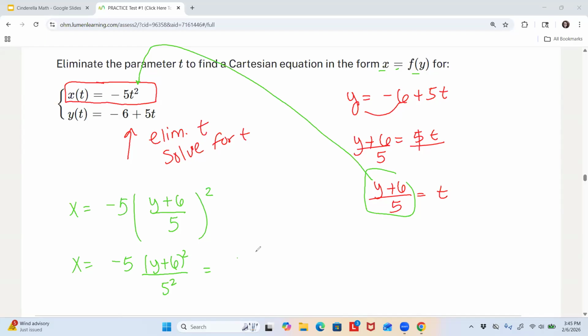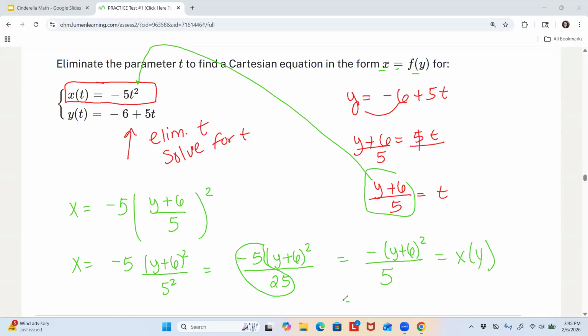Okay, so that's now negative 5 times (y plus 6) squared all over 25. But negative 5 over 25 you can reduce. Divide by 5 would just be negative 1 over 5. We're not going to put the 1. Times (y plus 6) squared. That is x in terms of y. Answer. I did not square that out, like FOIL it out. You probably could, but I don't think you need to. Answer. Much better than the previous.